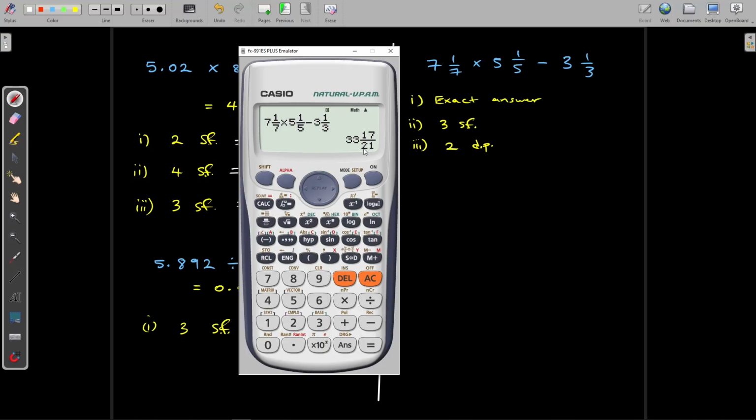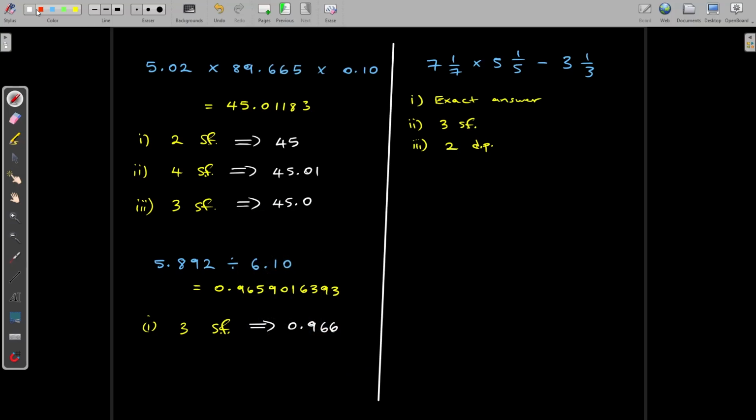So it's 33 and 17 over 21. So for the first part, we can leave this as 710 over 21. You'd still get your answer. Or 33 and 17 over 21. You'd get your answer. Get your mark, be on your way.